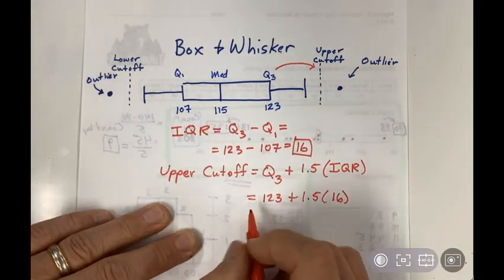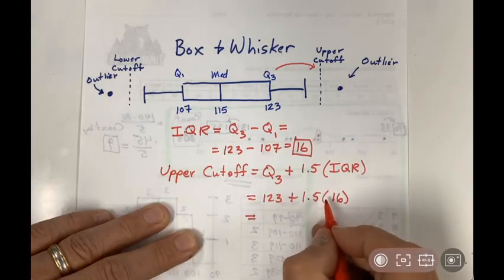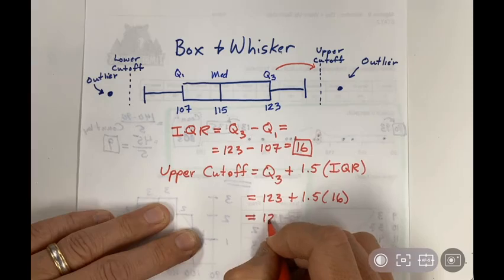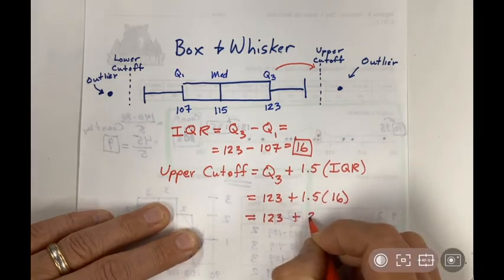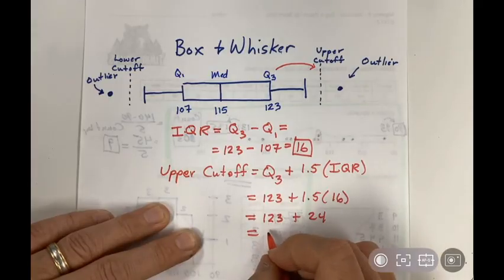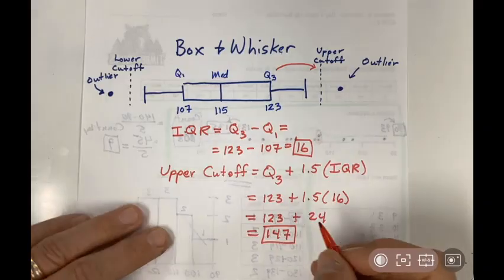Now 1.5 times 16 comes out to be 24. You get 123 plus 24, and that answer comes out to be 147.